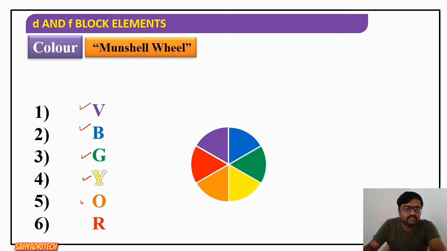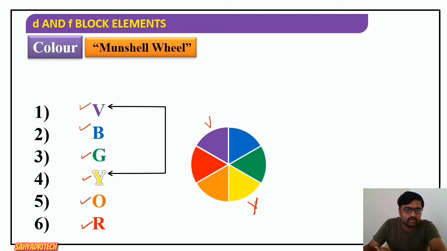According to this wheel, violet is complementary to yellow. If violet is absorbed by an object, its complementary color yellow is seen, and the object appears yellow, and vice versa.